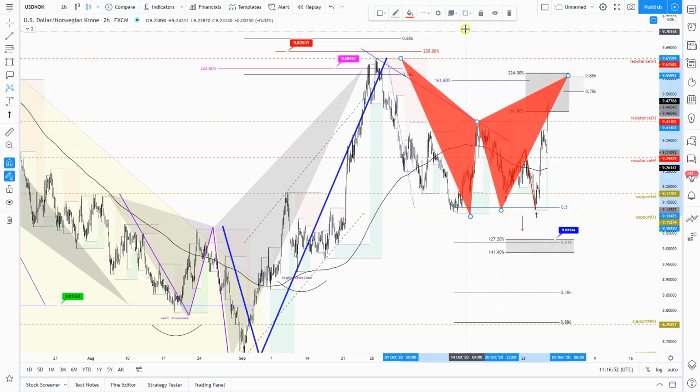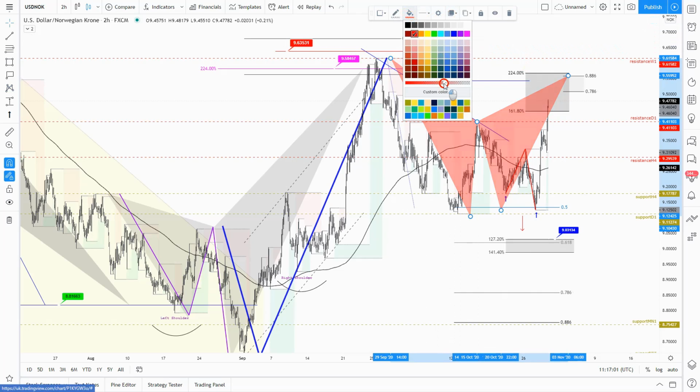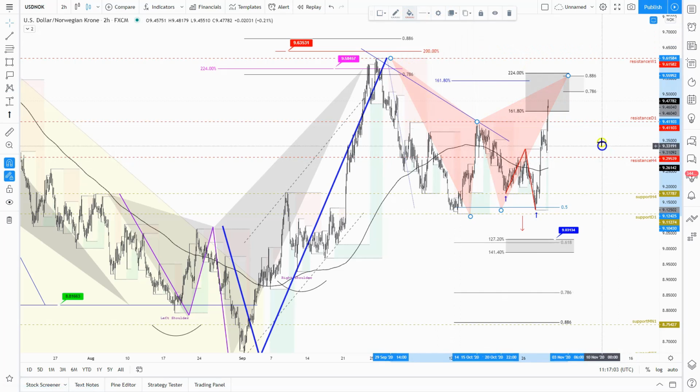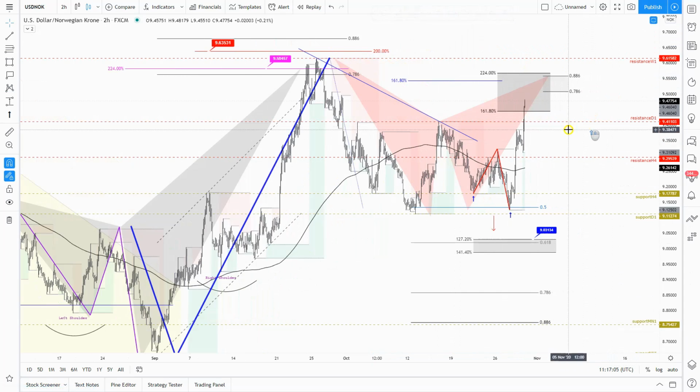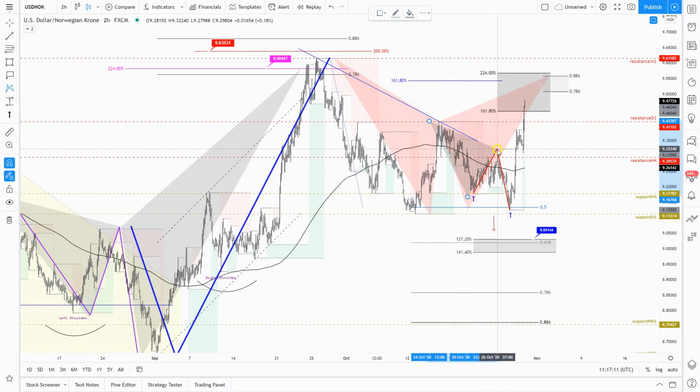88% Fibonacci retracement, major bearish bat pattern projected very close to this bearish shark pattern.